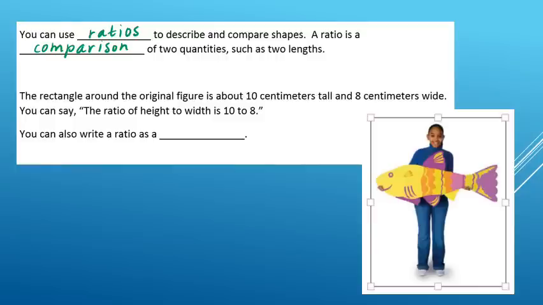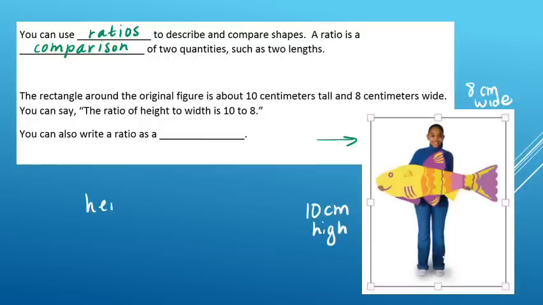So the rectangle around the original figure, which we're looking at right here, is about 10 centimeters tall and 8 centimeters wide. So you can say that the ratio of height to width is 10 to 8.